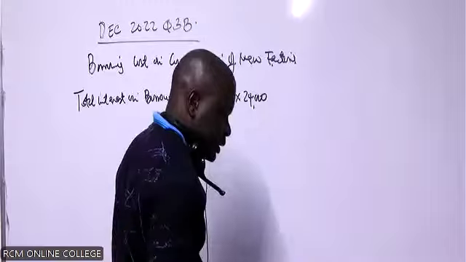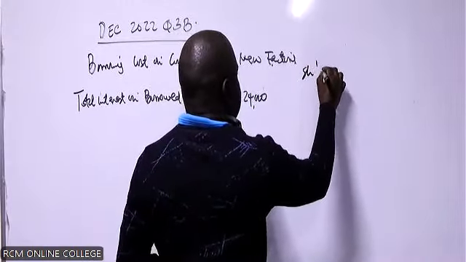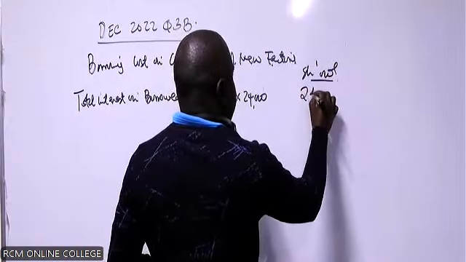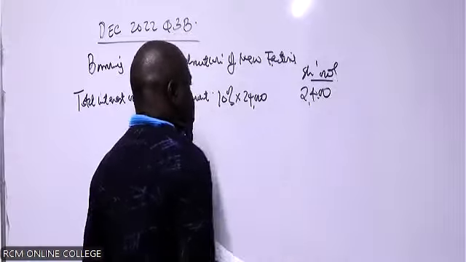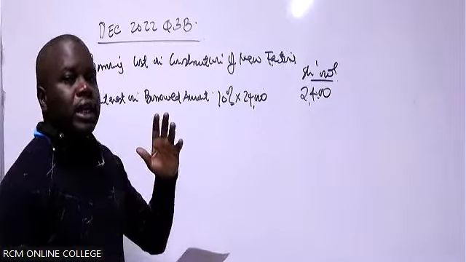In shillings thousands, it comes to 2,400, or 2.4 million. So that is the total interest if you don't consider the inactive periods.